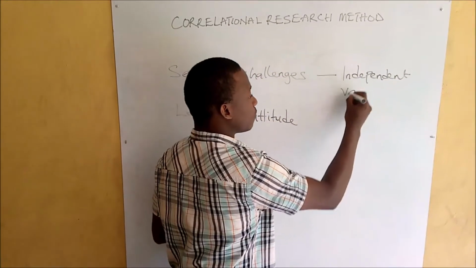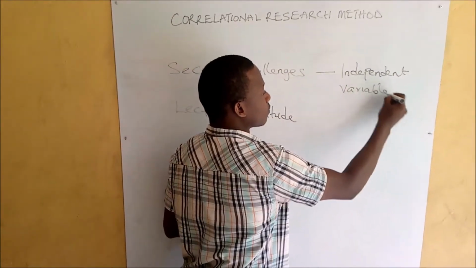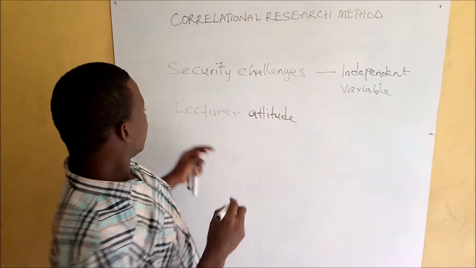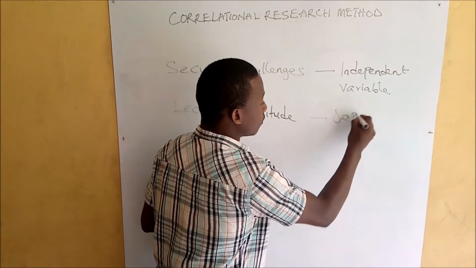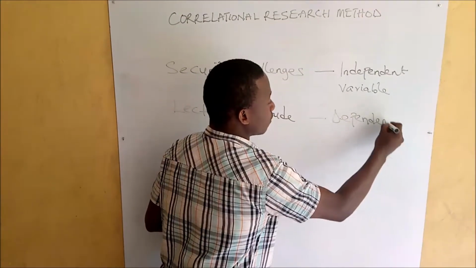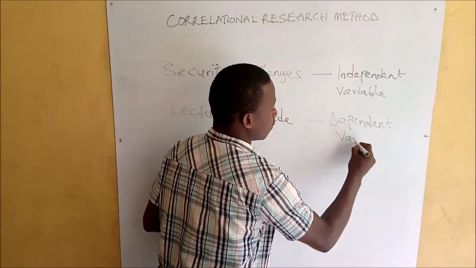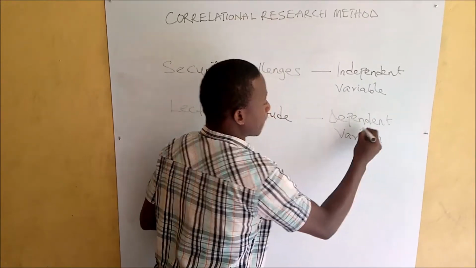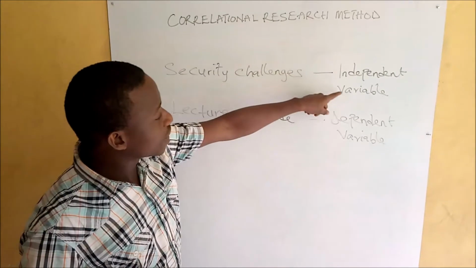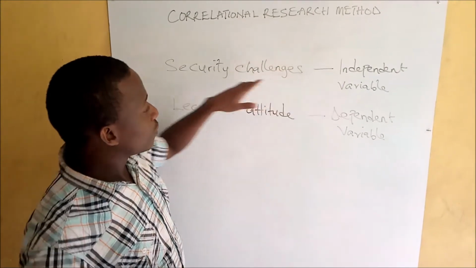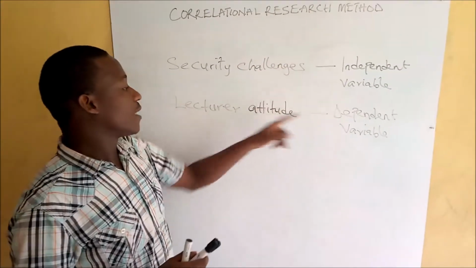Independent variable. Then the lecturer attitude is called a dependent variable. This is the general term for this variable, and this is also a general term for this variable.